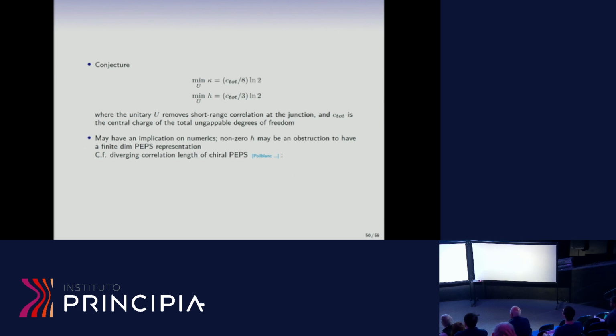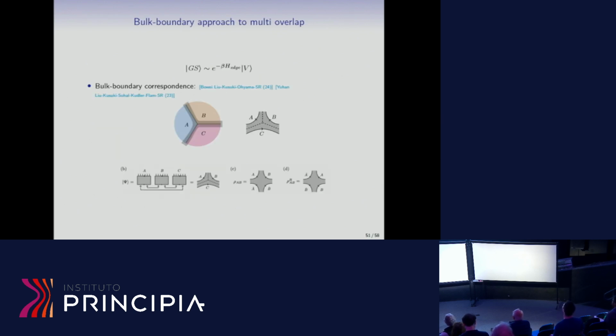Okay, so I have at least a few slides to say something about the computation, and it is the same technology we went over yesterday. So I won't spend too much time, but the idea is very similar. I use the bulk boundary correspondence to write the ground state near the entangling boundary, and then do calculations.